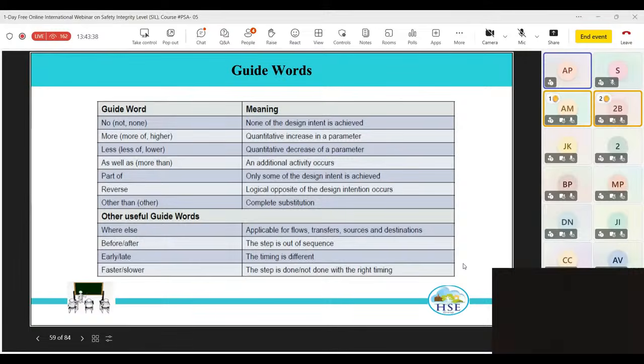And then other useful guide words, which are typically used in batch processes, whereas the earlier ones are applicable for flow transfer: before and after, which are typically for batch processes, early and late, or faster and slower. These are some other guide words. And depending upon the process plant where you are carrying out the HAZOP, some other guide words are also quite common. Okay.